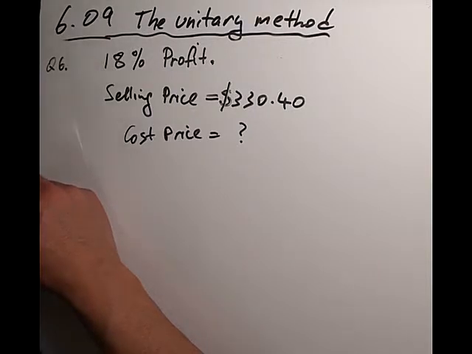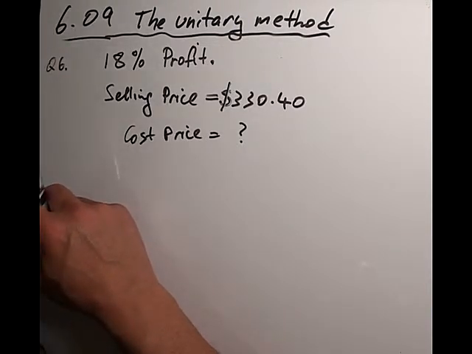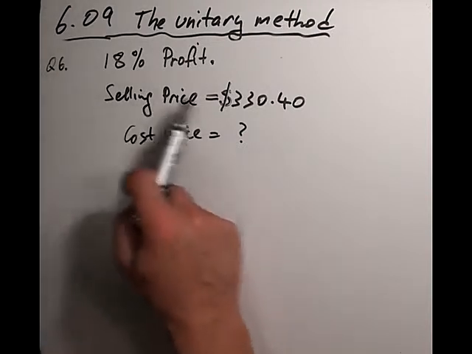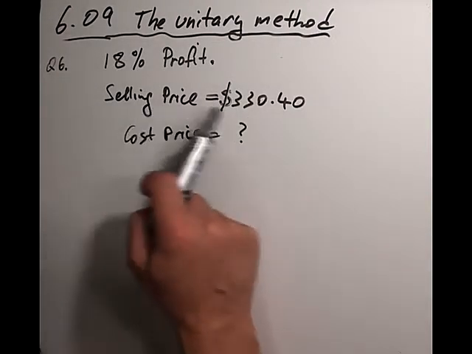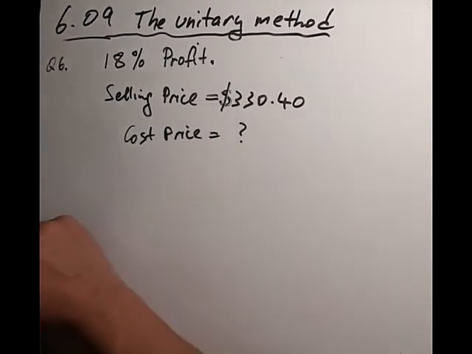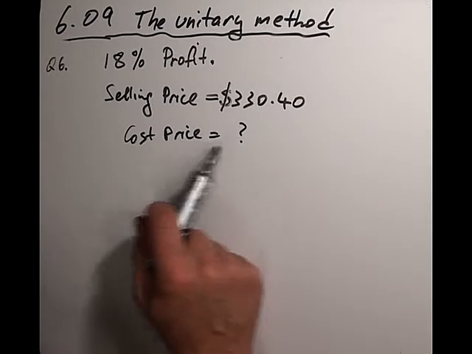The question says, a cake decorator makes 18% profit on cakes she decorates. If she sells a cake for $330.40, so the selling price is $330.40, what was the original cost of the cake? So what's the cost price of the cake?